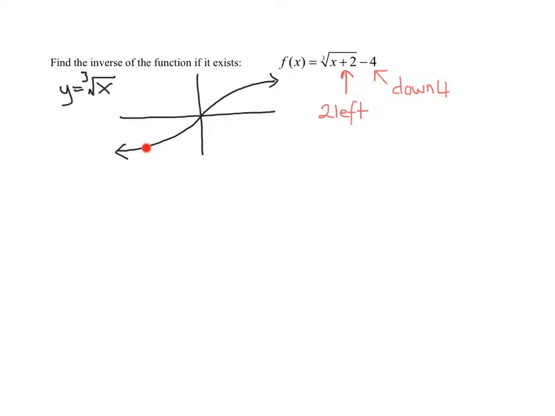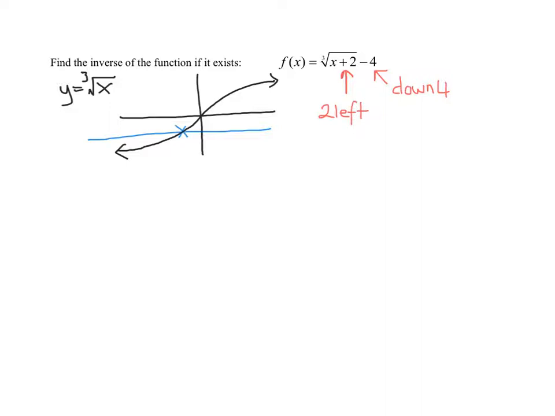Now looking at the parent graph, is the parent graph one-to-one? If I draw a horizontal line, how many times is it going to hit it? Well, it's only going to cross it one time. Therefore, my parent graph is one-to-one.